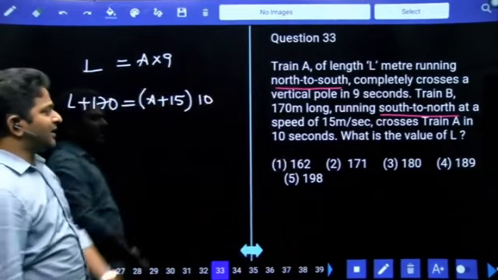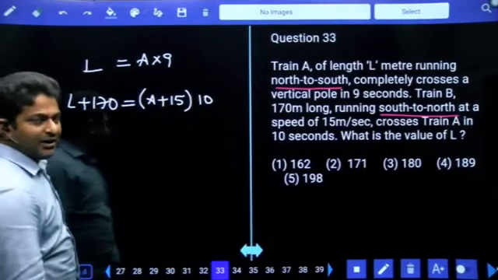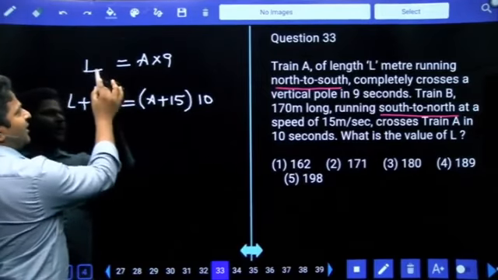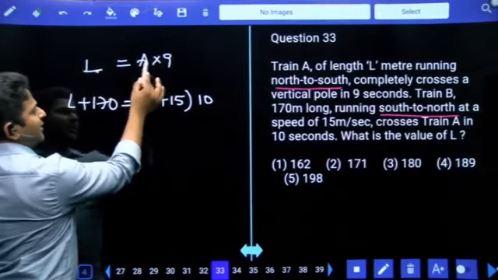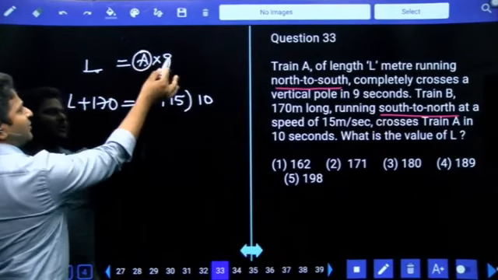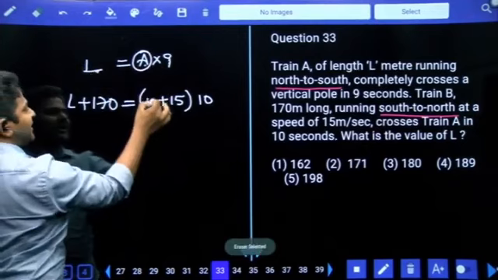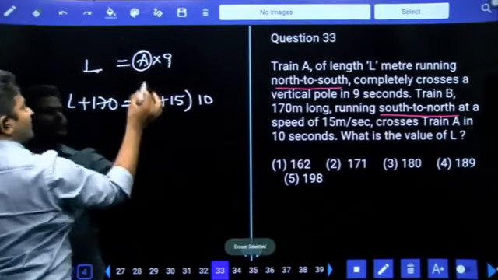Now you are asked to calculate the length of train A, that is L. Since L is equal to A into 9, train A's speed is equal to L by 9.